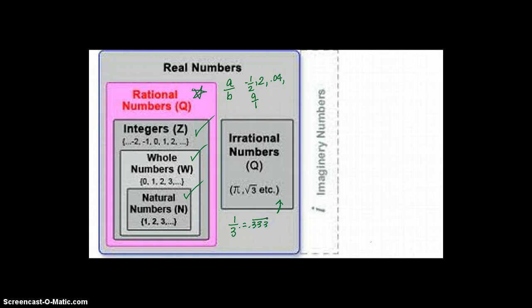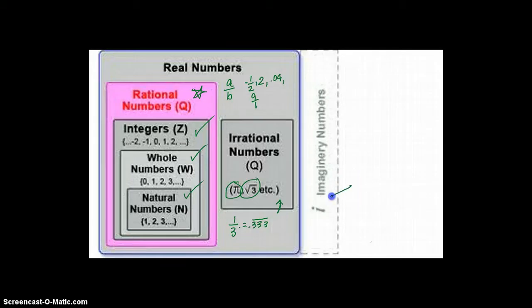We can put a bar over those. That repeats. We can say what number would come next. If we look at the number pi, or square root of 3, or square root of 7, something that's not an even square root, those numbers, when I put them in the calculator, are going to go on and on forever, never repeating and never terminating.